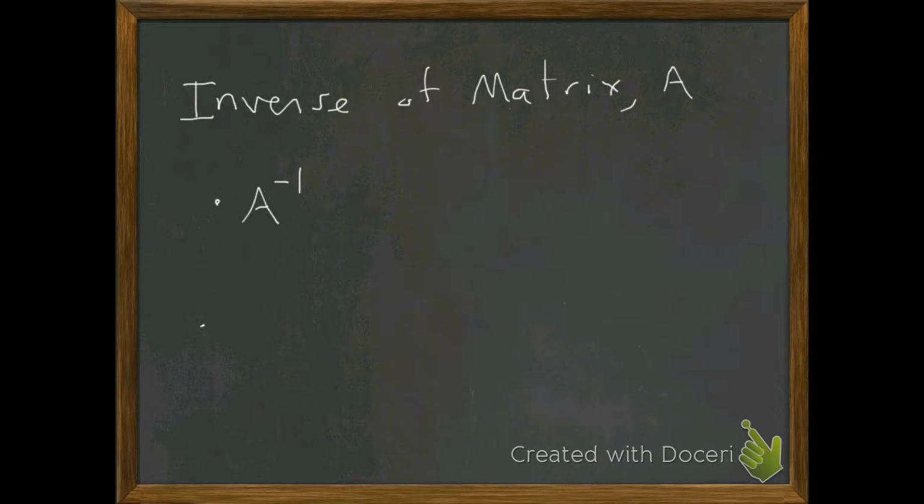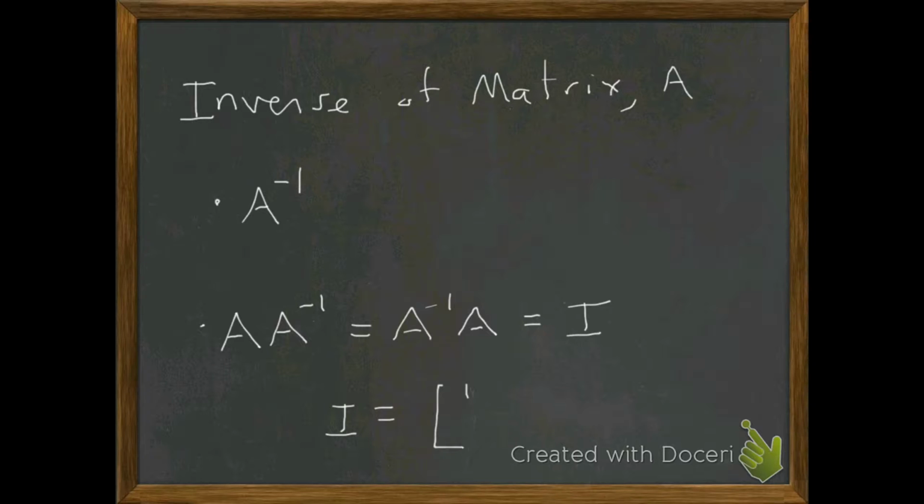And we know that the inverse is that special matrix that, when multiplied times our matrix A, gives us the identity matrix. So in a 2 by 2 case, the identity matrix, which I'm pretty sure we talked about before, is just the matrix that has ones on the diagonal.